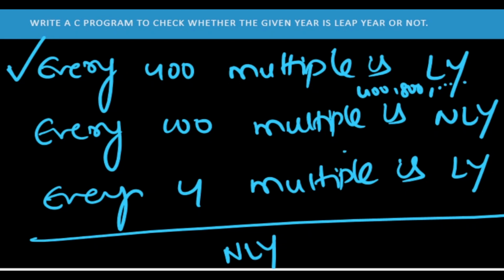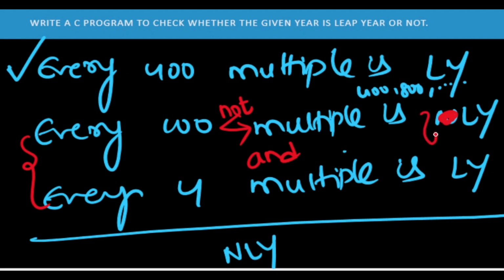Now, listen carefully. There is a wonderful relation between these two things. To understand them, I am using one keyword, not. Every not-100 multiple is a leap year, and every 4 multiple is a leap year.